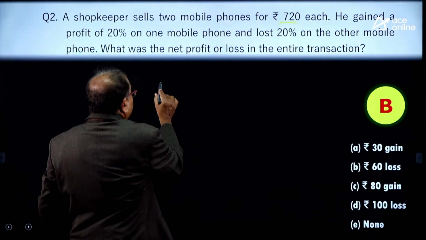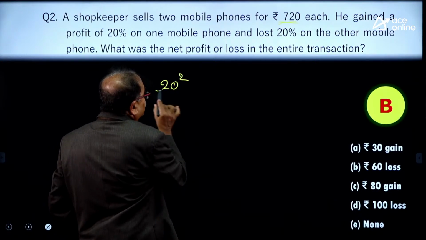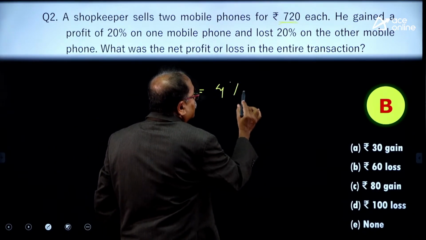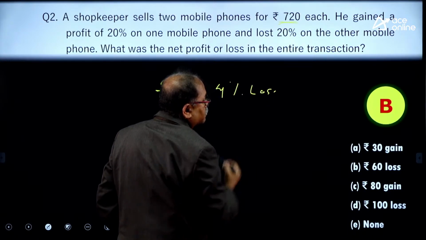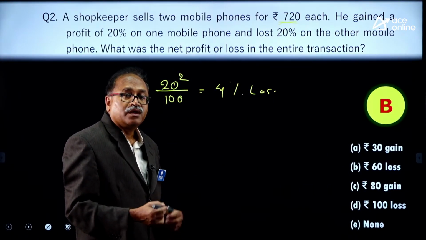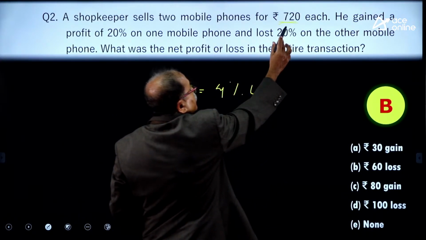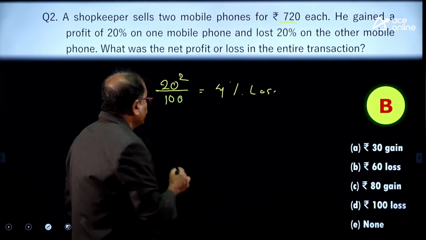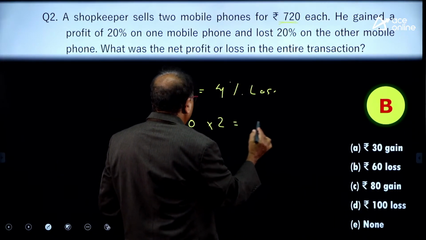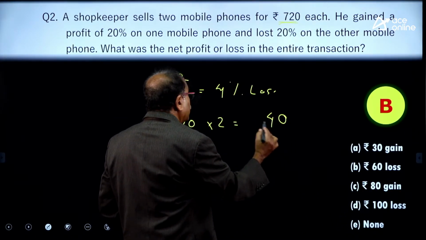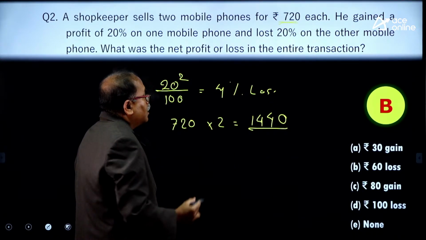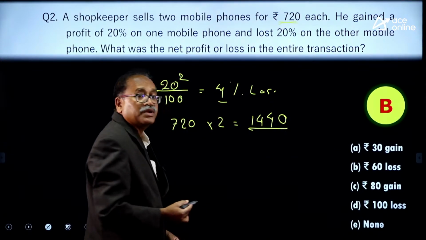The overall loss is 20 square by 100, that means 4% loss over here. Now, 720 plus 720, the total selling price is 720 into 2, that is 1440. This is the overall selling price, and the overall loss is 4%.